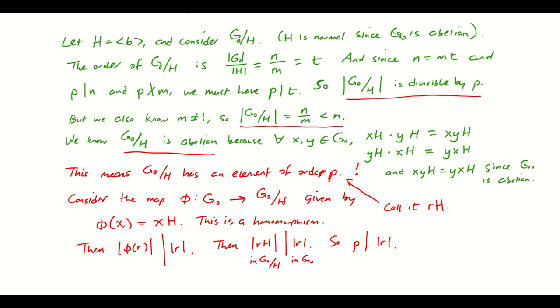Okay, so, well, what does that mean? So there is an element of G0 whose order is divisible by P.